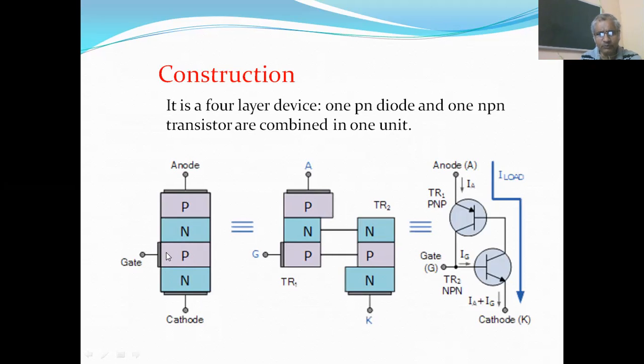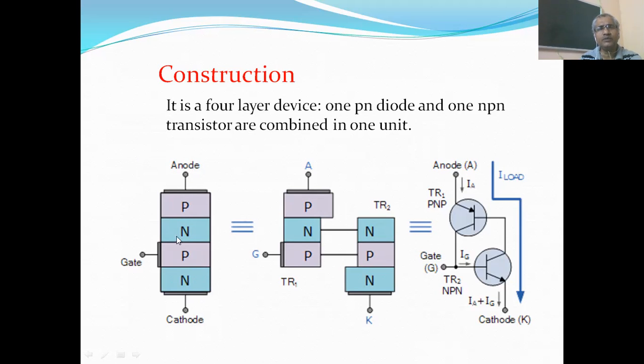From the base of the transistor, one terminal is taken out. So this is the base of this NPN transistor, and the terminal taken out from this base is called the gate. From the anode of the diode, from this P region, the terminal is taken out, and it is called the anode.